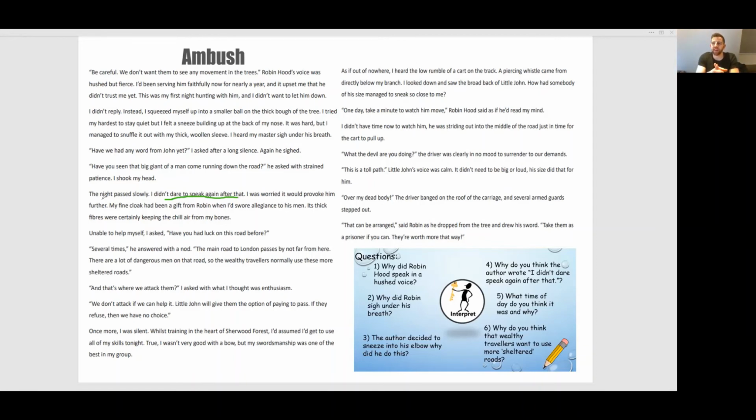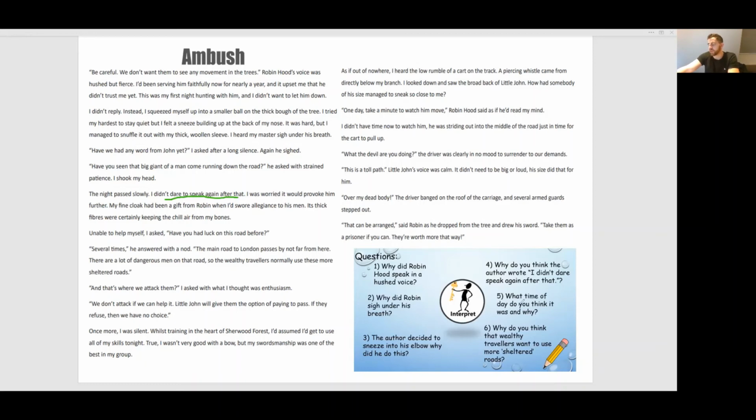So he's getting a little bit annoyed with him, and our character, the author, is worried that he's going to keep annoying Robin Hood or making him angry, and he doesn't want to do that because it's his first time he's been out hunting with him. He wants to leave a good impression. So we can assume that he didn't dare speak again because he wanted to stop annoying Robin Hood, and Robin Hood was growing a bit tired of the author, the character in this case.